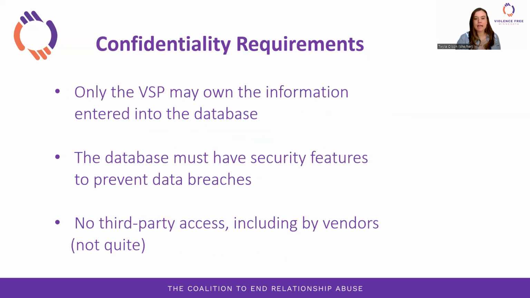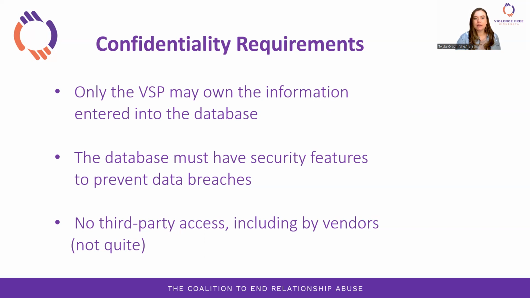A comparable database must also comply with the VAWA, FVPSA, VOCA confidentiality requirements and any other applicable confidentiality laws. These laws prohibit the sharing or disclosure of a survivor's personally identifying information, or PII.